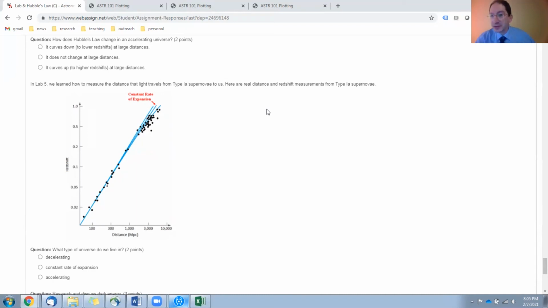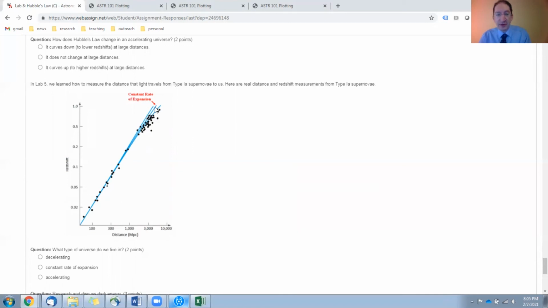So over the past couple decades, there have been a lot of measurements of type 1a supernovae, measuring both their distances and their redshifts. And initially, it does look to be fairly straight, but then you can see the data collect on the downward side.